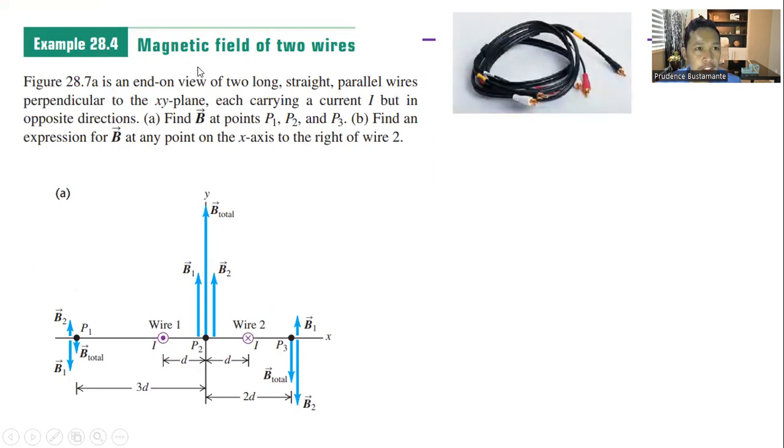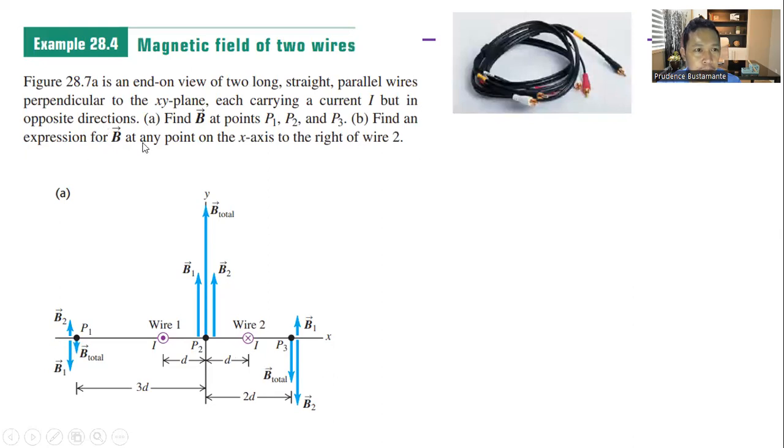In the figure, we have an end view of two long straight parallel wires perpendicular to the XY plane, each carrying a current but in opposite directions. So this one is out of the page and this one is into the page. We have points P1, P2, and P3.